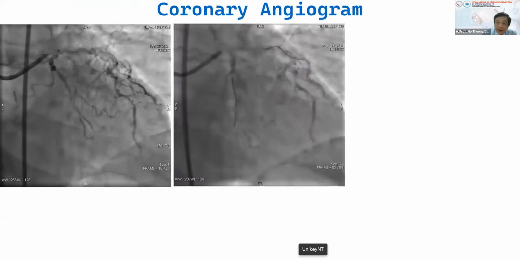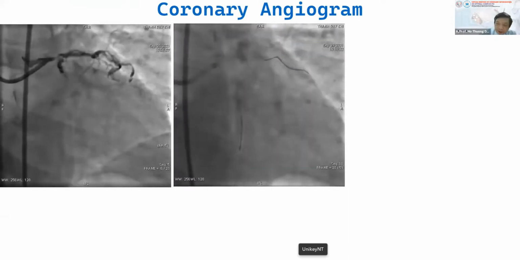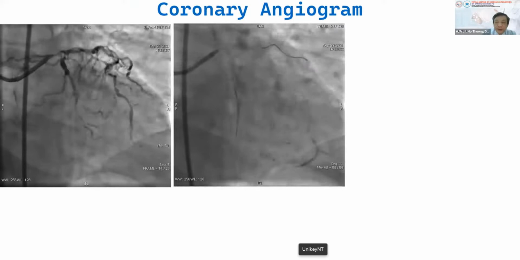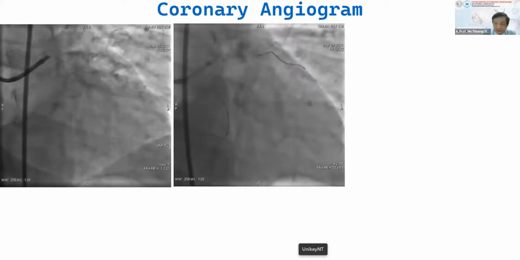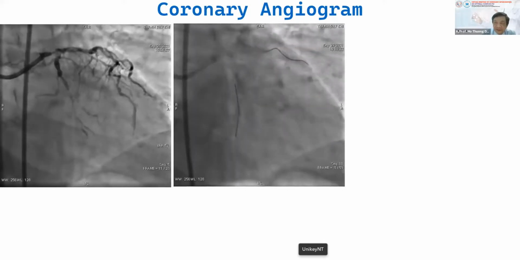First, when I do wiring, very difficult because it's tortuous. It gets stuck because the plaque calcified burden is very large.